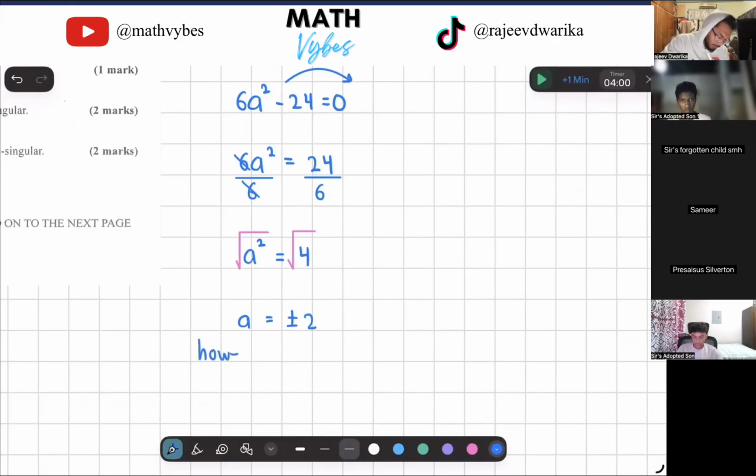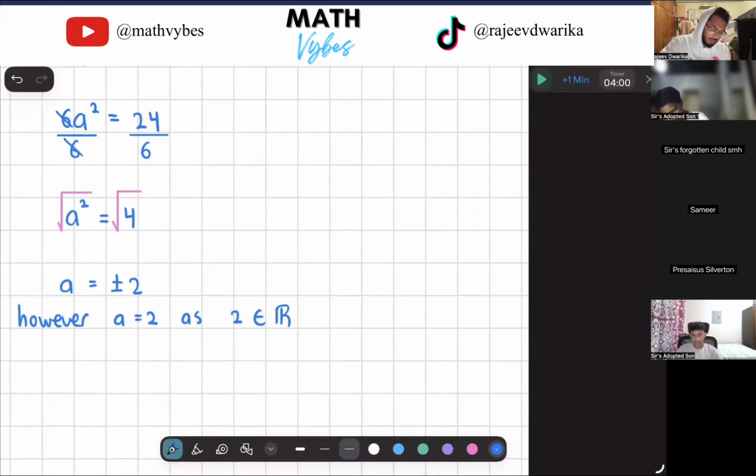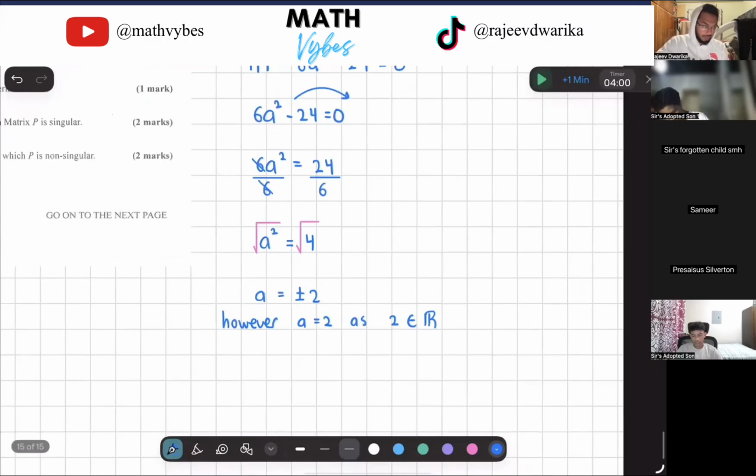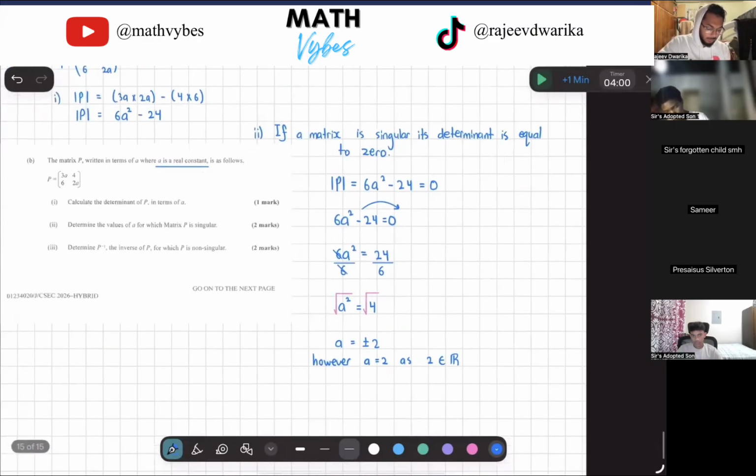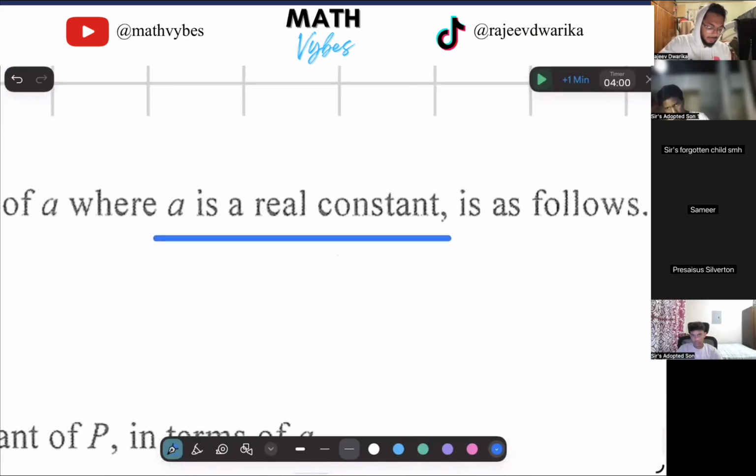However, A would have to be equal to 2, as 2 is an element of real numbers. If you want to go extra, you could write a statement, and let me explain why I'm writing that. They said that A was a what? A was a what?